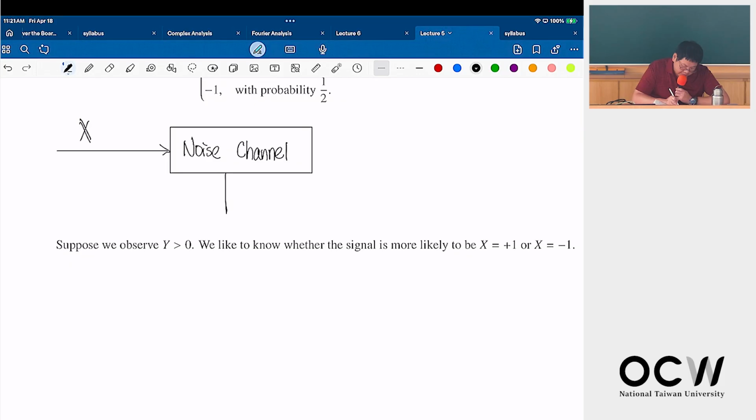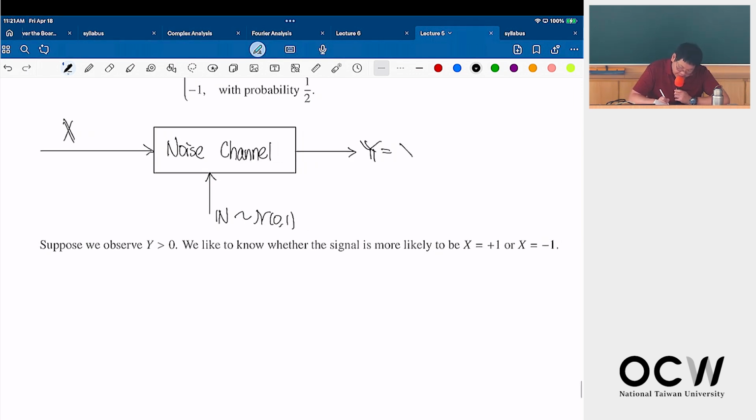This is a random variable, n, that is Gaussian, zero mean, variance 1. And then I have the output. So this output y is my random bit plus the noise.